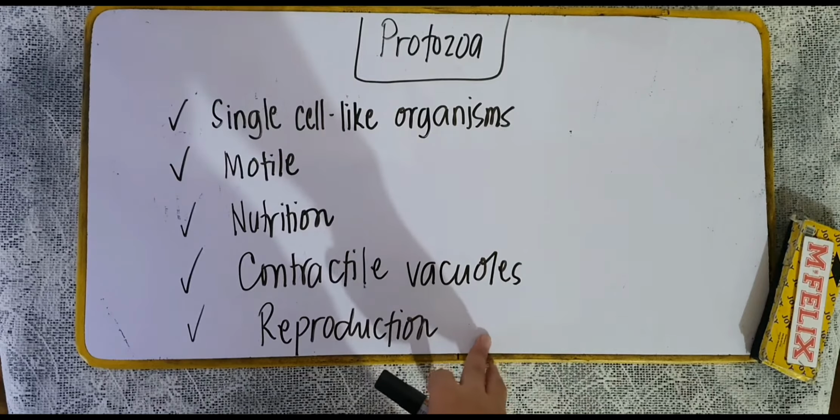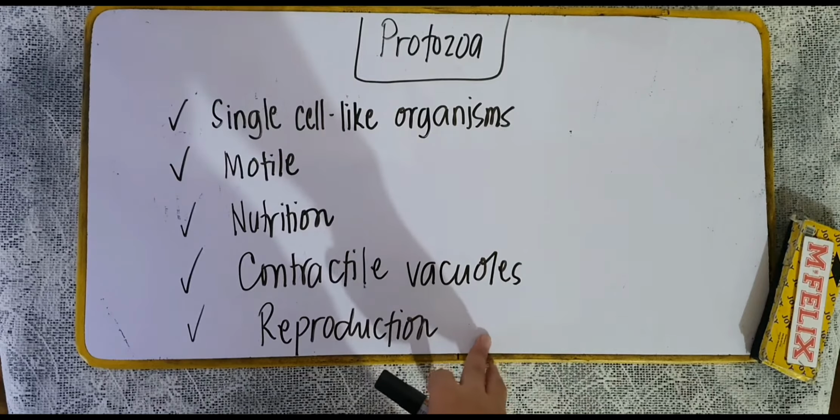Now, let us go over the basic structures of your protozoa. Their basic structures: we have the nucleus. They also have a cytoplasm, or in other books it is written as endoplasm.